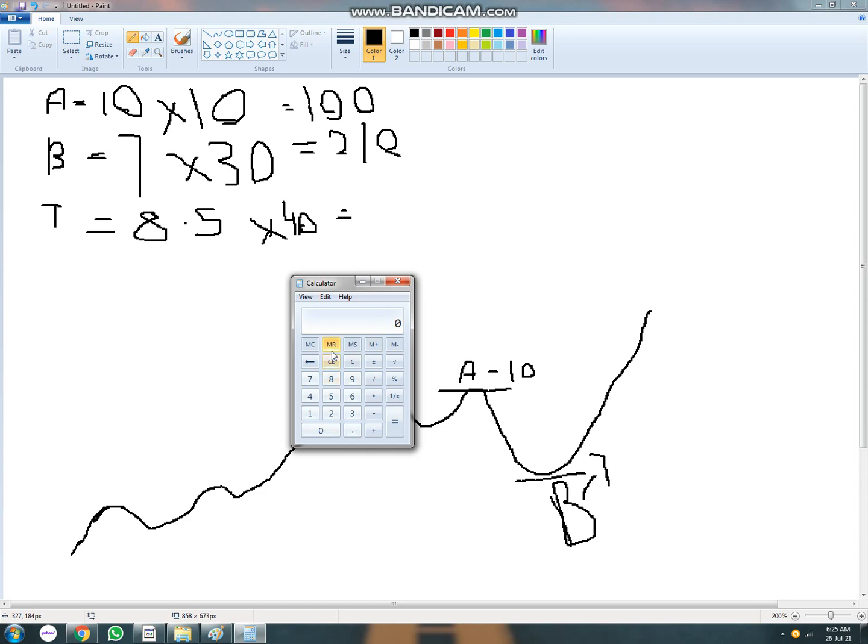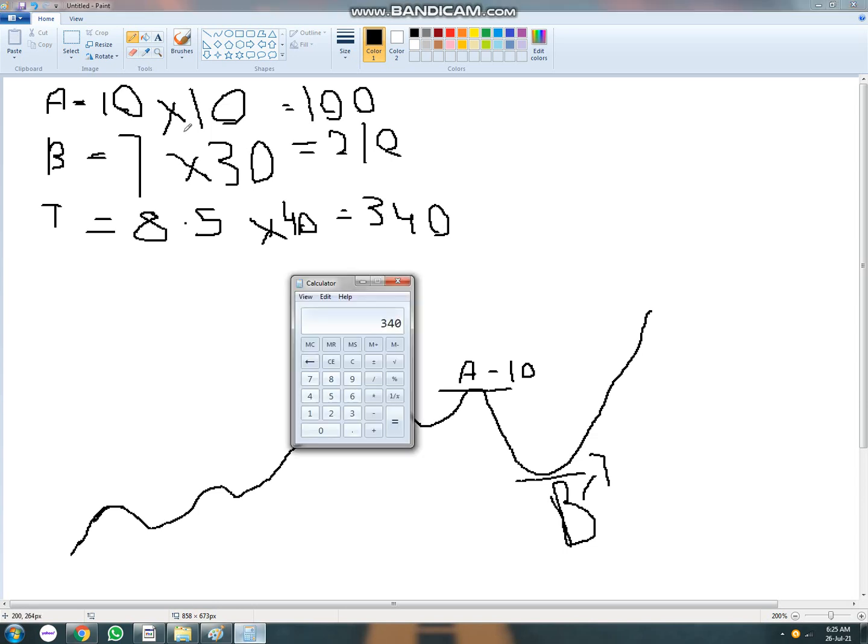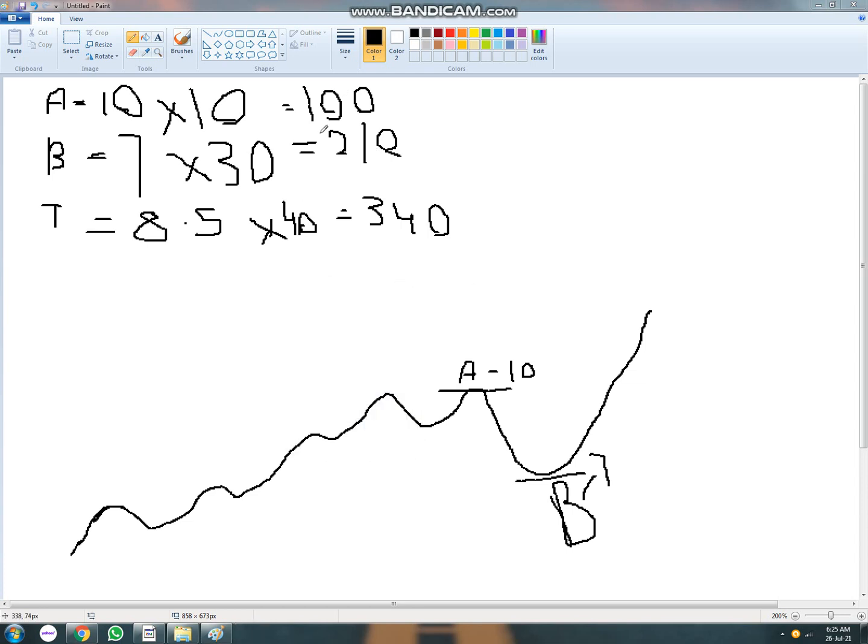Let me calculate it again. 8.5 multiplied by 40 shares, yes, 340. Now let's do 30 multiplied by 7, 210 plus 100, okay, 310. So this total equals 310, and this is 340.